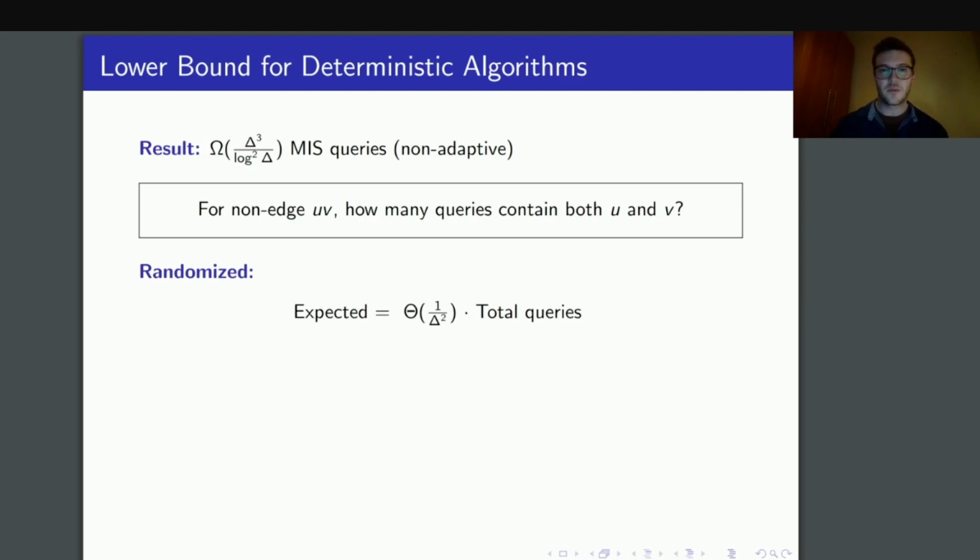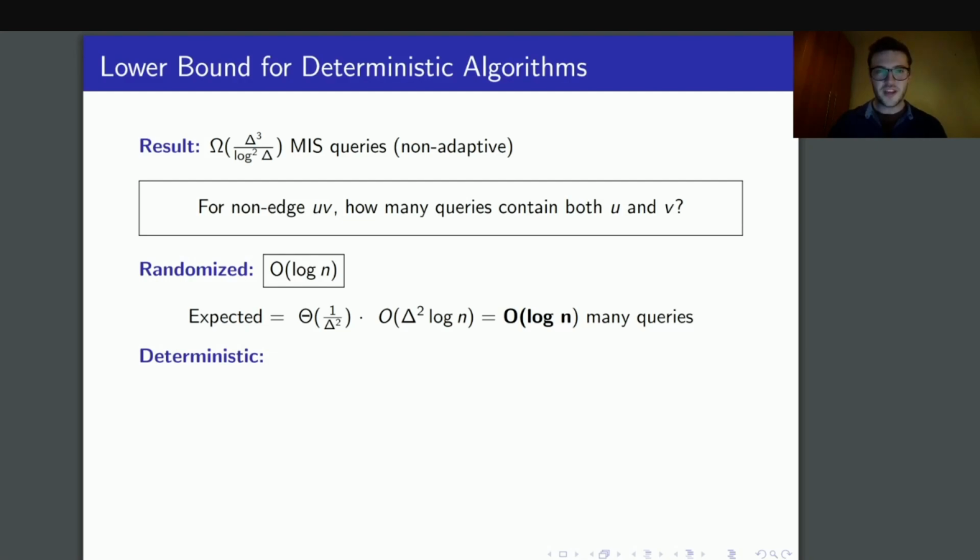From before, the probability that both U and V are contained in a query is given by theta of 1 over delta squared. And the total number of queries was given by big O of delta squared log n. And this results in O of log n many queries that contain both U and V.